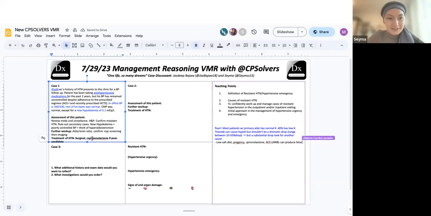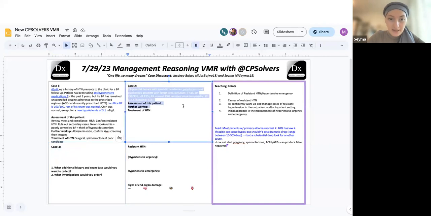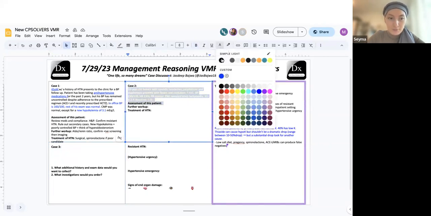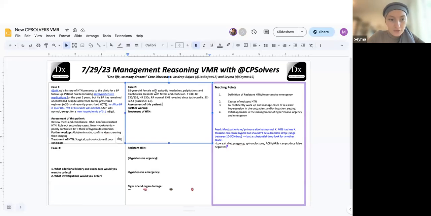Okay, then I think we can start with case number 2. For case number 2, we have a 38-year-old female presenting with episodic headaches, palpitations, and diaphoresis. She also has fever and confusion. Her temperature is 41 degrees Celsius, blood pressure 230/135, a heart rate of 130, and her respiratory rate was normal.